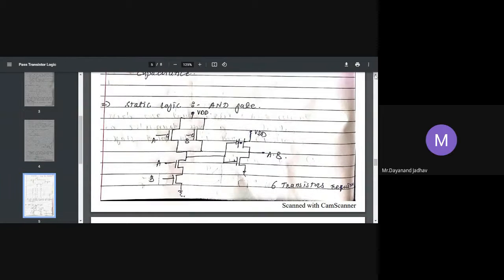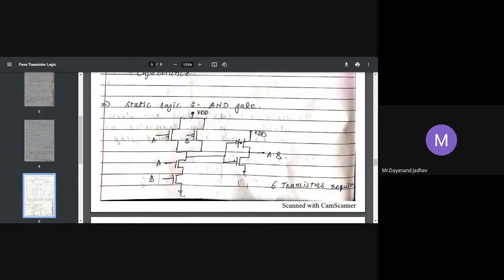Then, suppose static AND gate design, as we discussed already, static logic using CMOS for the AND gate. We know that when there is an AND gate with A and B, both PMOS are connected in parallel to the A terminal and B terminal, while NMOS are connected in series.